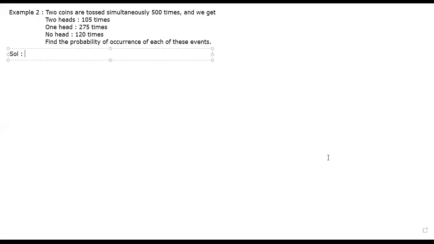And how do we write the standard way? Always write the formula. We know that probability P of event E is equal to number of times E occurs divided by total number of outcomes.